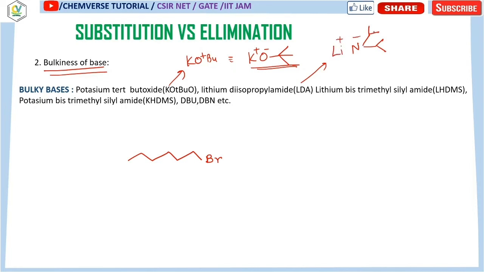Now lithium bis(trimethylsilyl)amide: if you consider the structure, nitrogen is there, two trimethylsilyl groups will be present, it will be negative and lithium plus. KHMDS: instead of lithium plus, if K plus is there, that will be KHMDS.